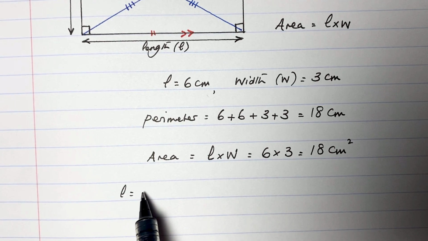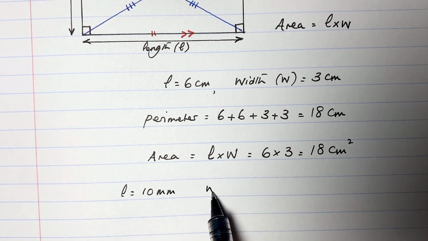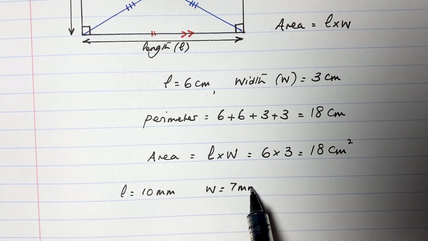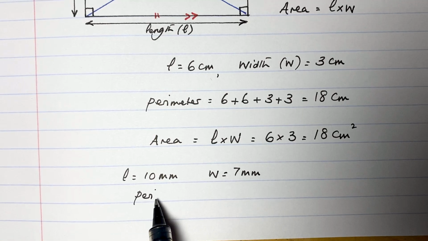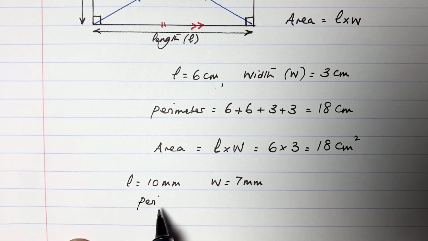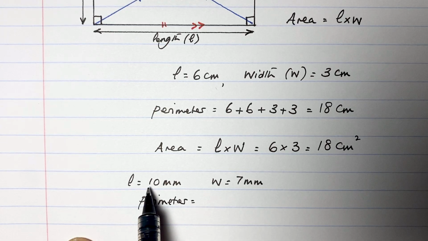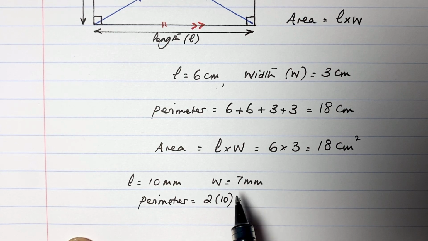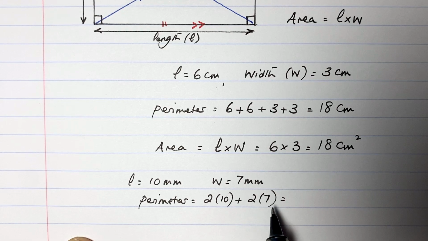Say the length is 10 millimeters and the width equals 7 millimeters. So for the perimeter, we have 2 lots of length, 2 lots of 10, and 2 lots of width: 10 plus 10 plus 7 plus 7.